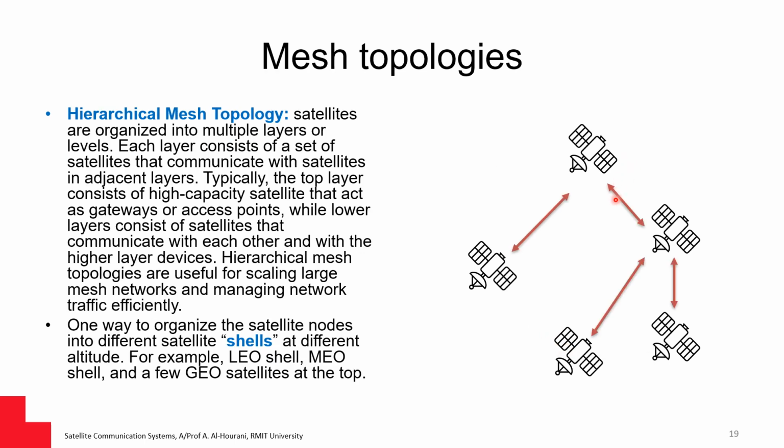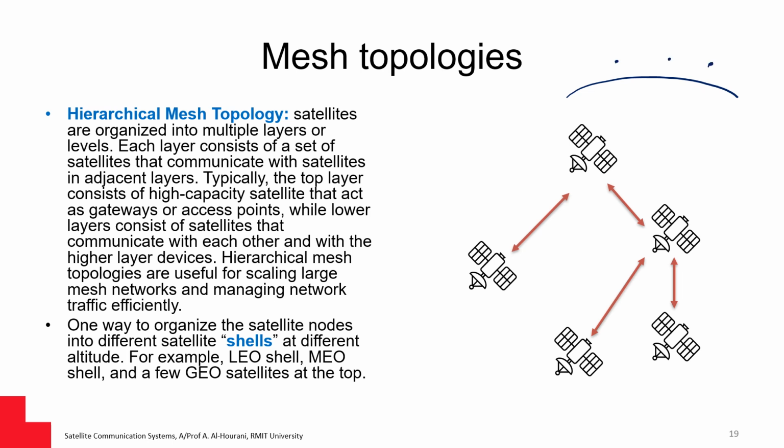A hierarchical mesh topology is a partial topology, of course. What you can see here is that each satellite group is served by a higher level satellite, and so on until you reach the highest level satellites. Now this can be implemented in satellite applications. For example, if you have a LEO network, the LEO satellites do not have to be interconnected to each other.